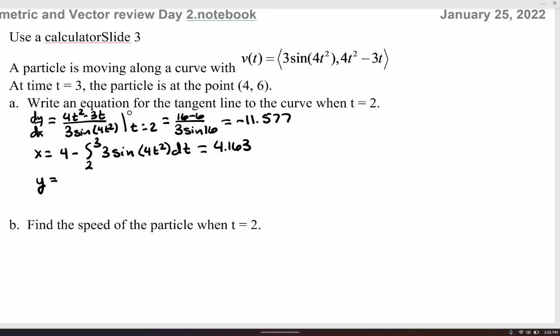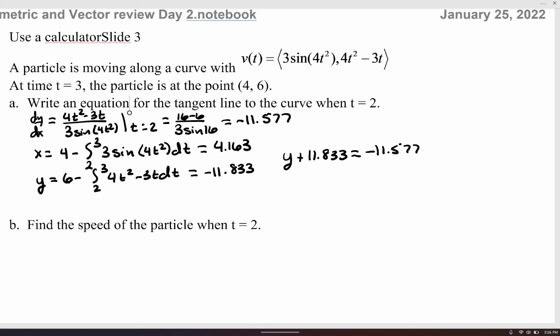And the y coordinate is, now we're backing up, 6 minus the integral from 2 to 3 of 4t squared minus 3t. And that value is, let's see, negative 11.833. So the equation is y plus 11.833 equals negative 11.577 times x minus 4.163.